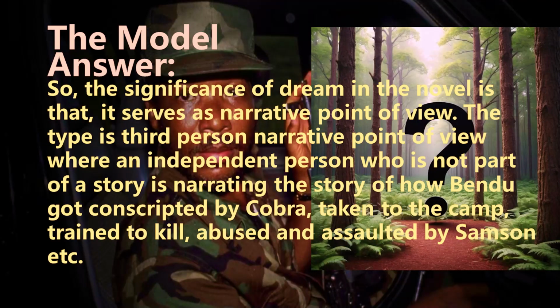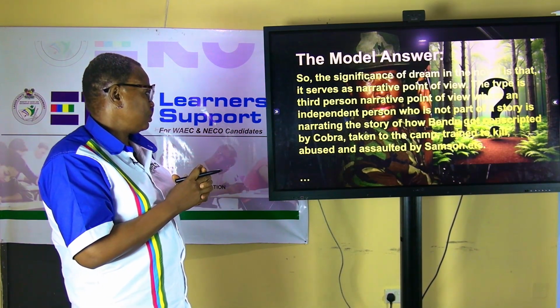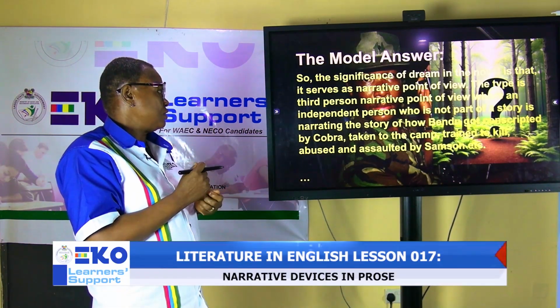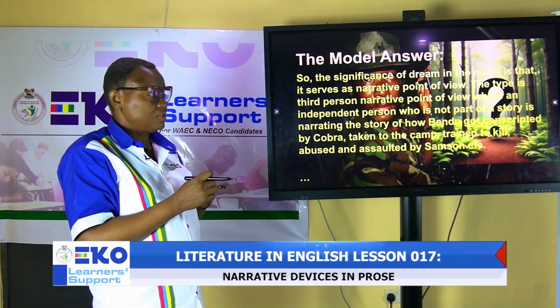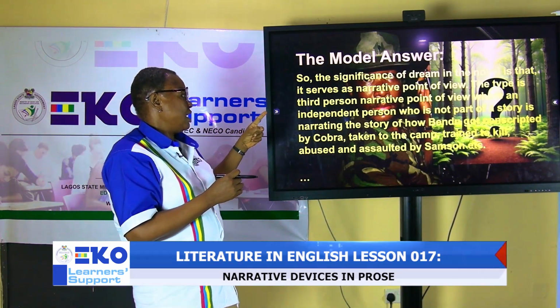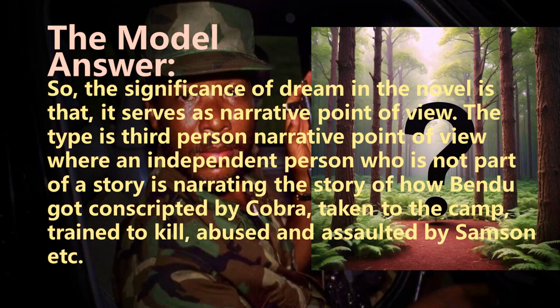He's always standing aloof and revealing some of the things that happen in a story. While the first person narrator is actually part of the story. In fact, he'll be telling the story of his life. So one of the significances is that it is used as a third person narrative point of view. Somebody is telling the story of Bendu through a dream.